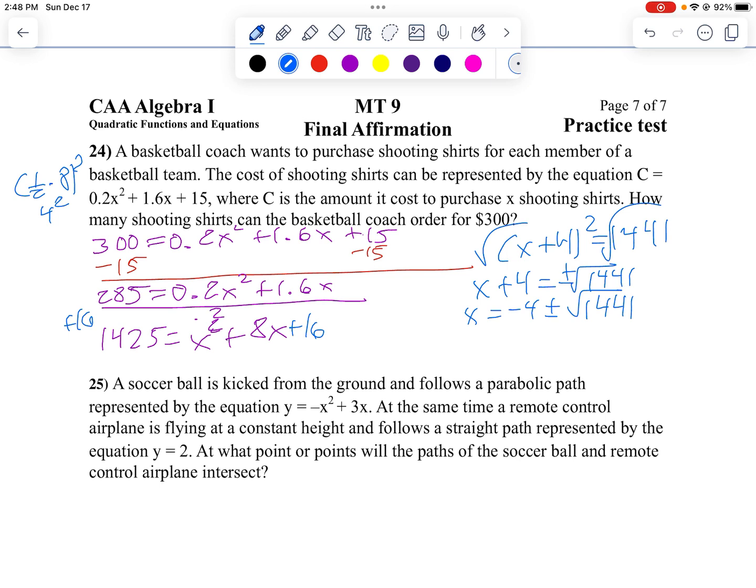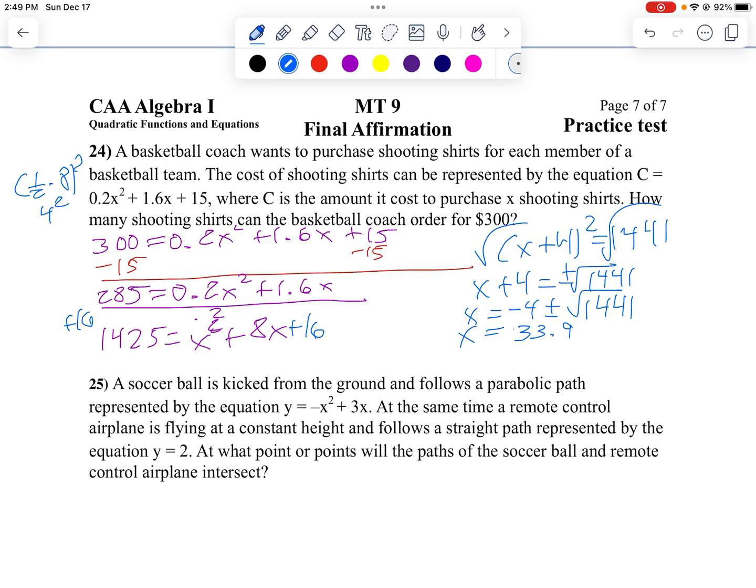No, we don't. Sorry about that. Negative 4 plus the square root of 1441. I can't type that in my calculator, so give me a second. I get 33.9. And if I do minus, I'll get a negative.